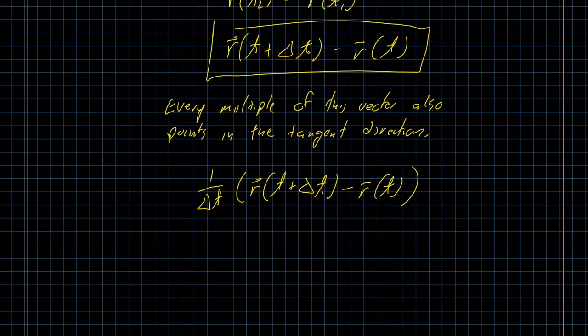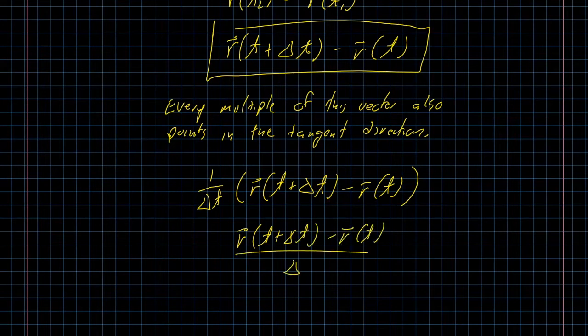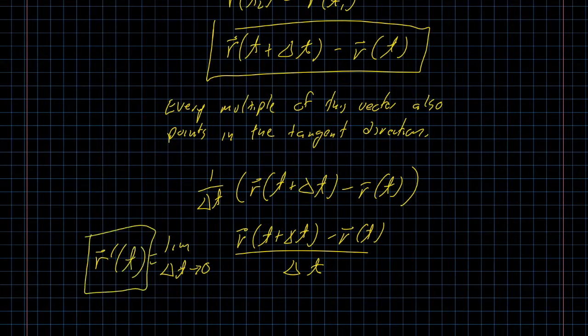Because, wait a second, if I take the limit of that as delta t tends towards 0, getting the infinitesimally close points that we cared about, I've just gotten back to the derivative.